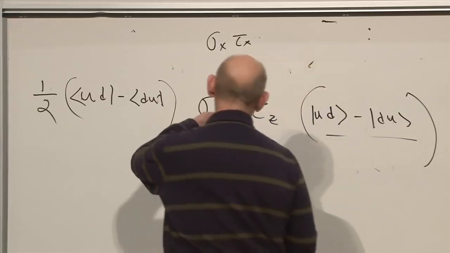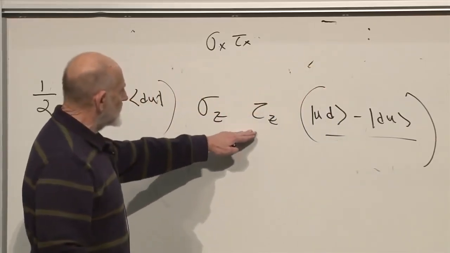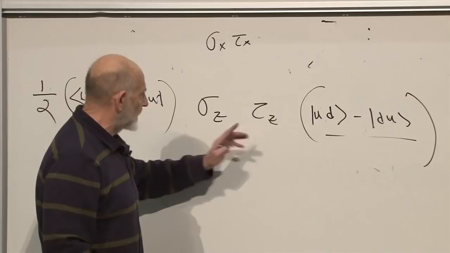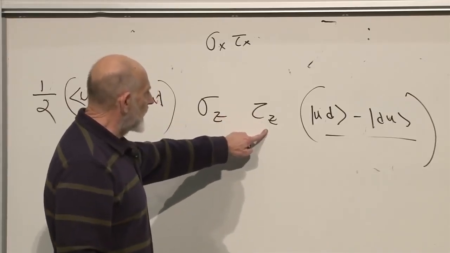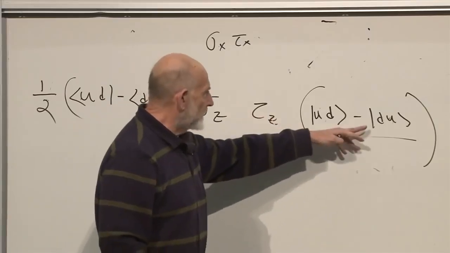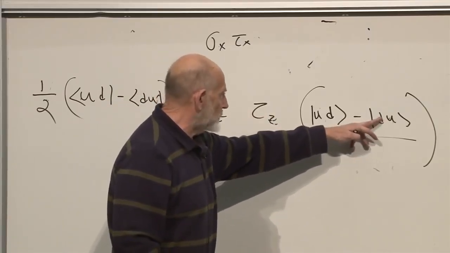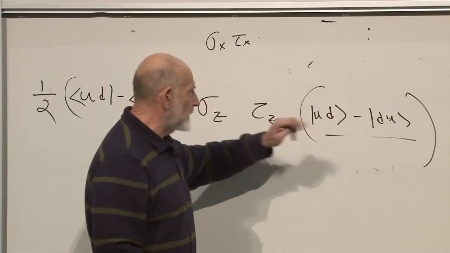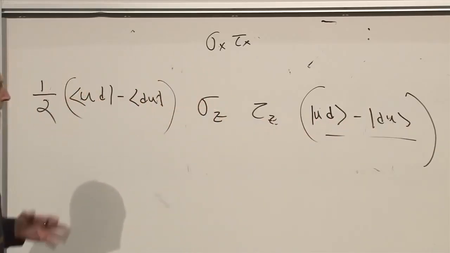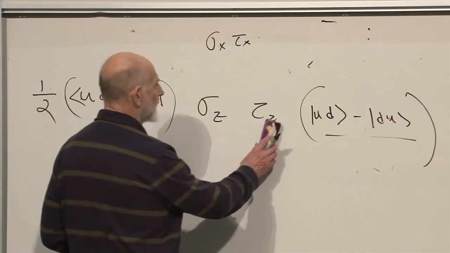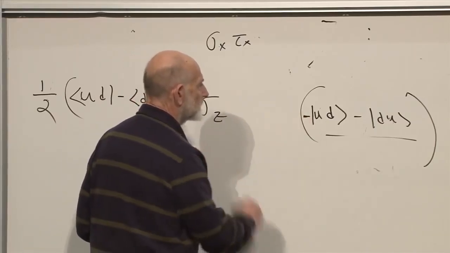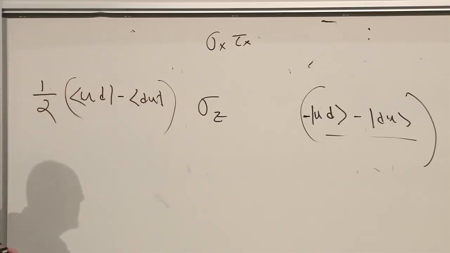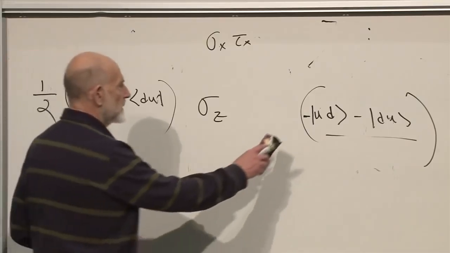All right, first of all, when tau z acts, what does it do? Do you remember? I don't. Oh, yes. Tau z doesn't flip. It just gives you a sign which is plus for this one and minus for this one. So we can remove the tau z just by putting a minus sign here, right? Did I do that right? Let me see, tau z.